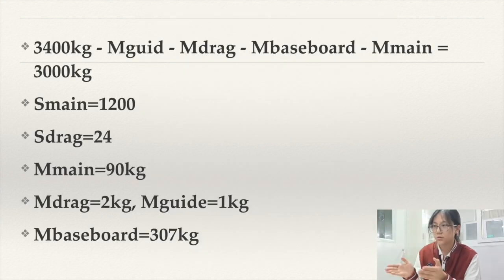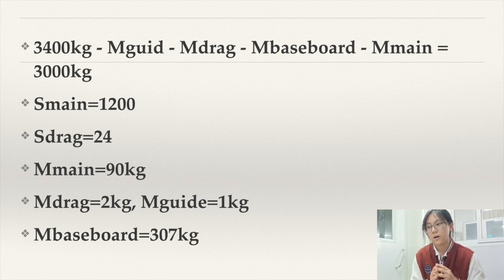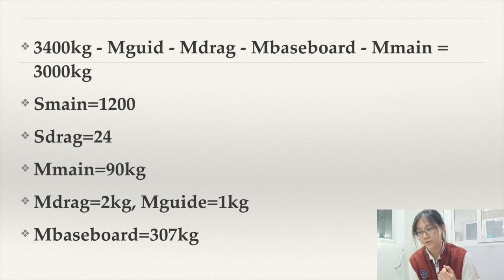So after all those complicated deductions, I can get the mass of the baseboard is about 307 kilograms, because we know the main parachute's weight is about 90 kilograms. This is from one official article.